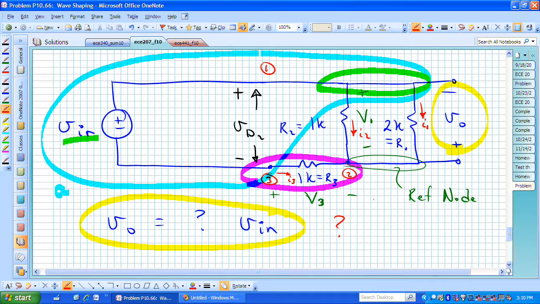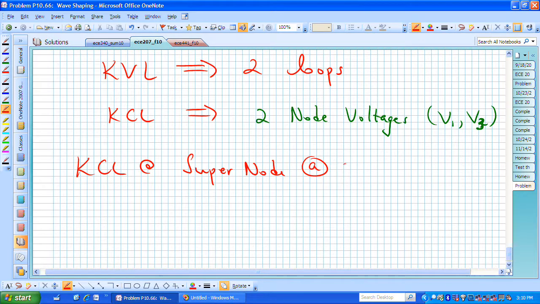Those are the only three currents that we have flowing. There's no current here since it's opened up. It's an open circuit. We have the sum of those three currents at this supernode. We have I3, and they're all out. I2 plus I1, that's equal to 0.